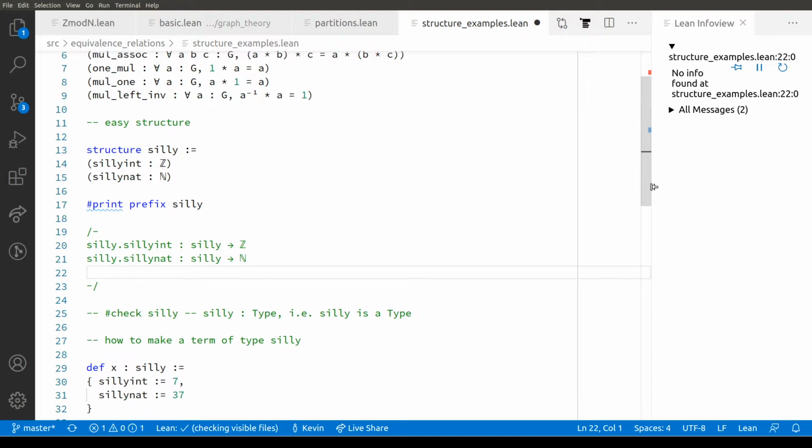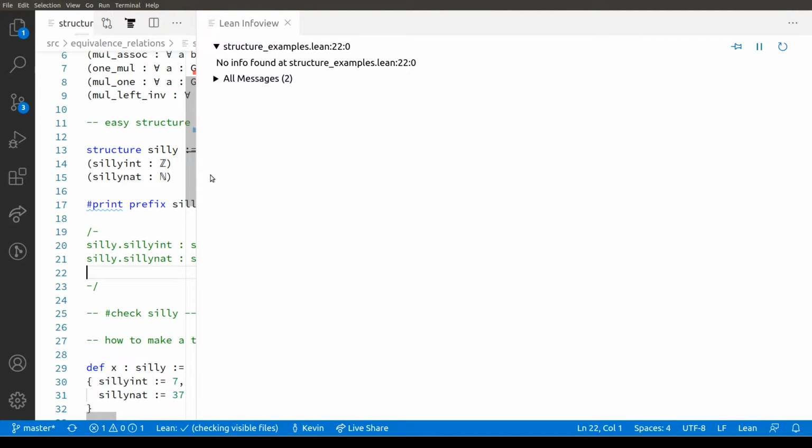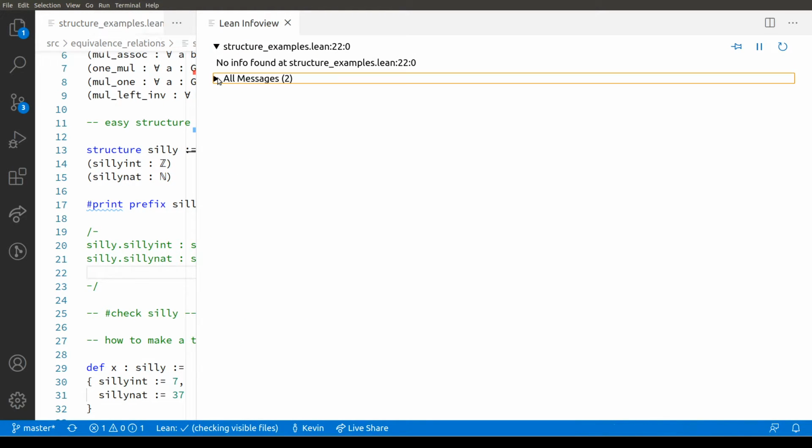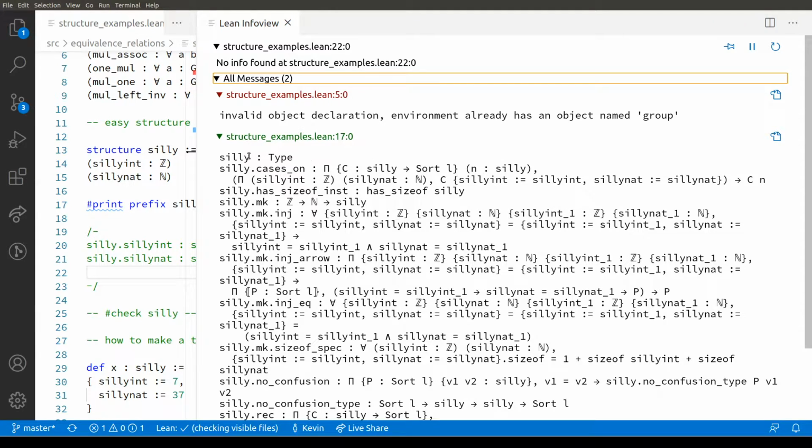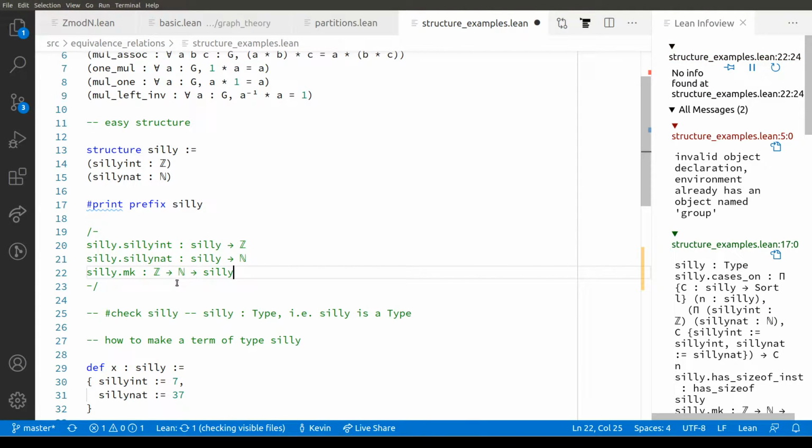And what else is there that's going to be of use to us? Silly is a type, yes, fair enough. And there's silly.mk. That's always useful to have, isn't it? That says that given an integer and a natural, I can make a term of type silly, right?